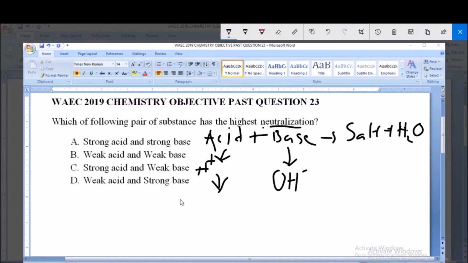A strong acid dissociates completely to yield hydrogen ions. So complete dissociation.